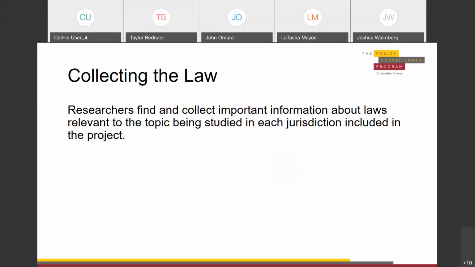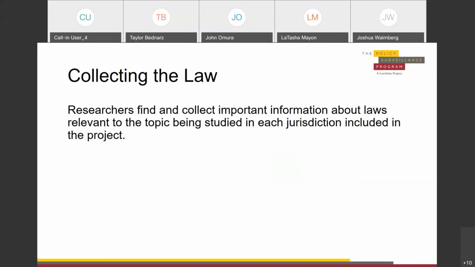Each jurisdiction thereby has its own legal text. Basically, the legal text is the universe of laws that you are worried about for each jurisdiction. The legal text is the outcome of collecting and building the law and is then used to code the law, which we'll be dealing with in part 4 of this webinar series.